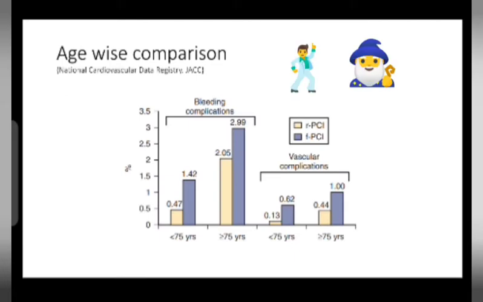As shown in the graph, the bleeding complications with yellow bars, radial PCI, and vascular complications are also less with radial PCI in the yellow bars, in both below and above 75-year-old patients.